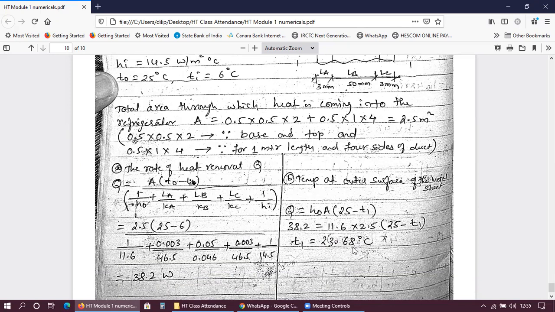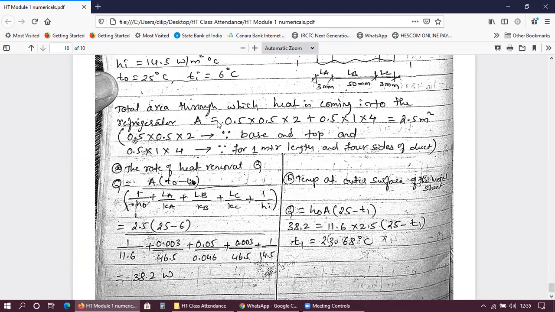For this refrigerator, make sure that since it is a refrigerator, the heat is being extracted from all the 6 surfaces. So we have to be very careful while working on this area part, right?